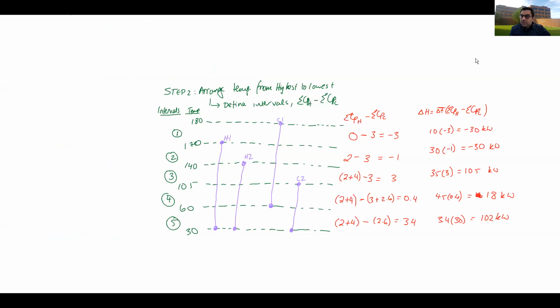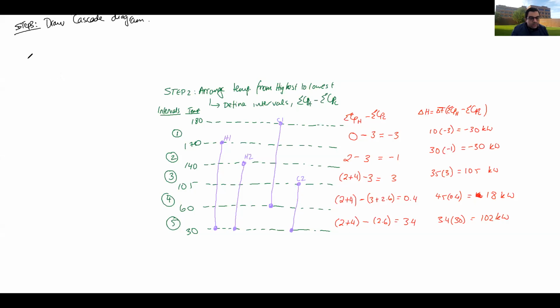Okay, good. Step 3 now becomes: draw your cascade diagram. Okay, so how do you draw the cascade diagram?